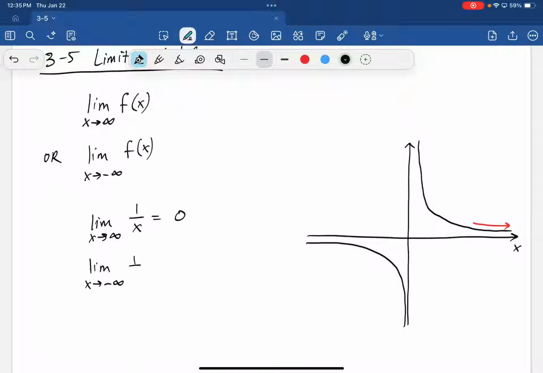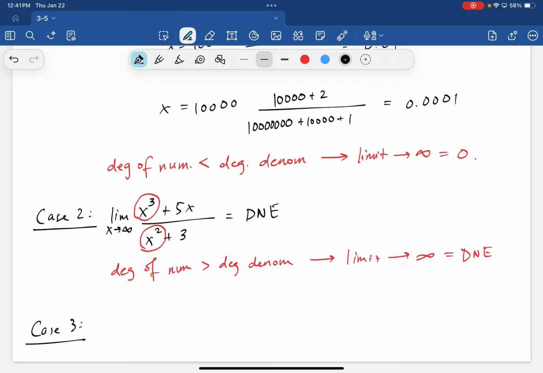Let's do the third case. The third case is when the degrees are the same, right? And so we wonder what we would do in that case.